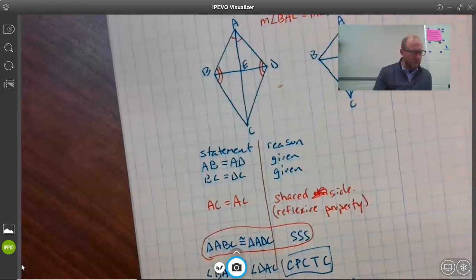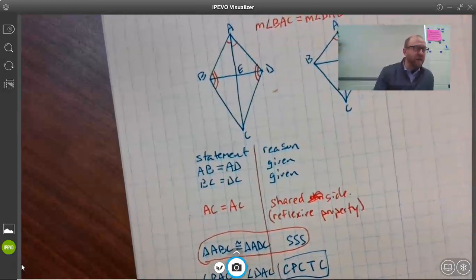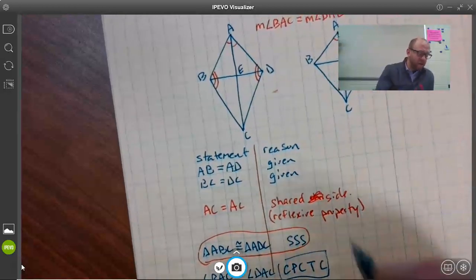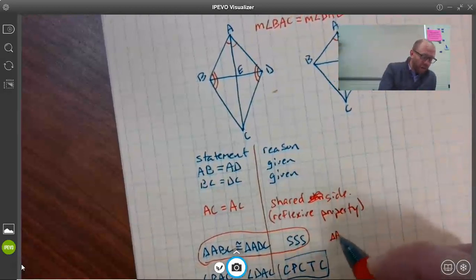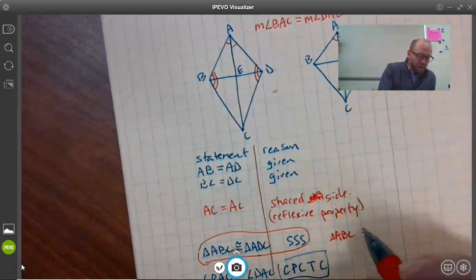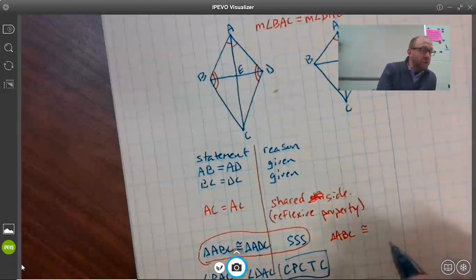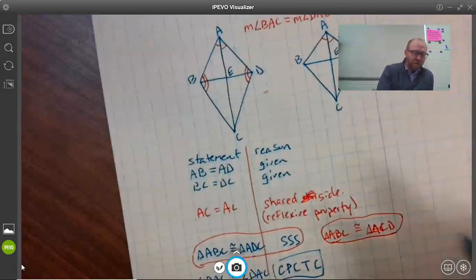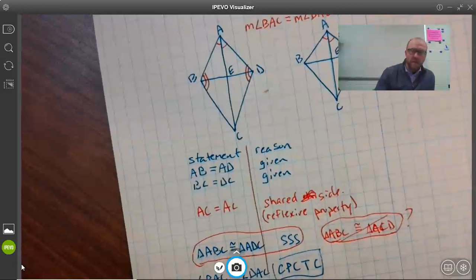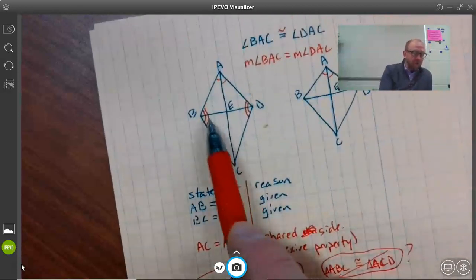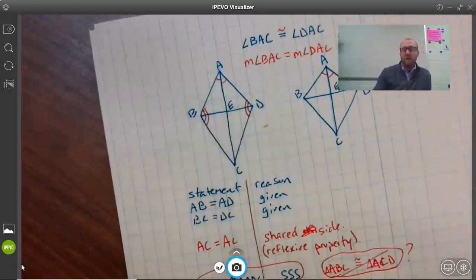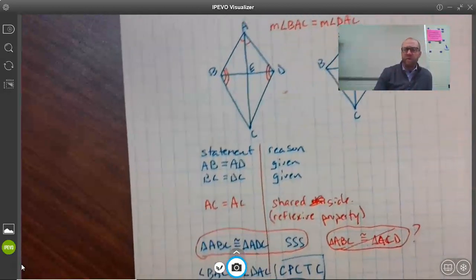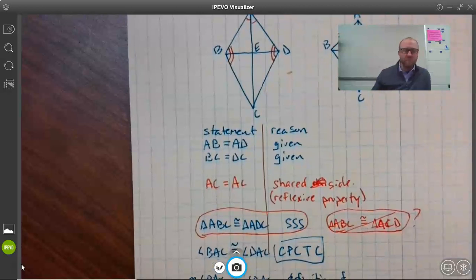We've got that triangle ABC is congruent to triangle ADC, and why would it be improper to say that triangle ABC was congruent to triangle ACD? Why is that not good? So what's wrong with that? And then also, can you prove that these two angles here are congruent, using the same structure as what we've used here? Okay? All right, good luck.